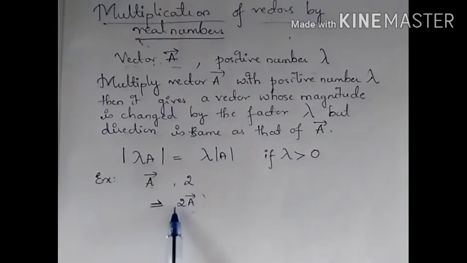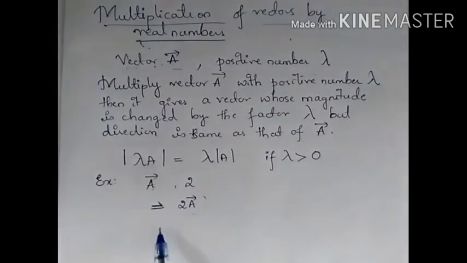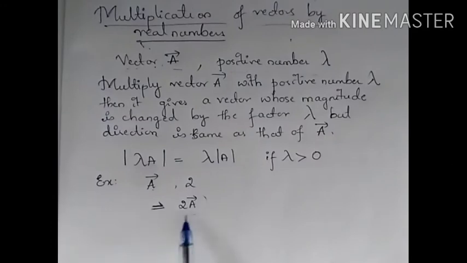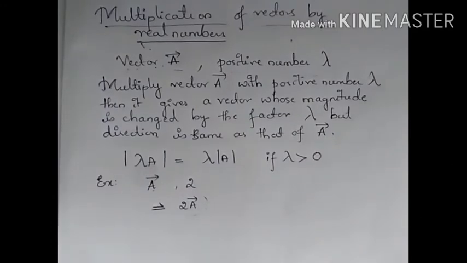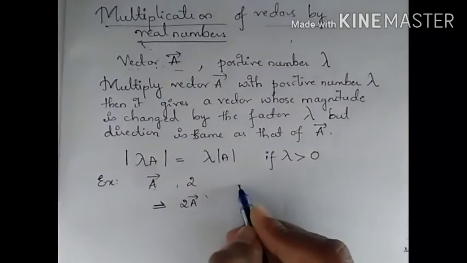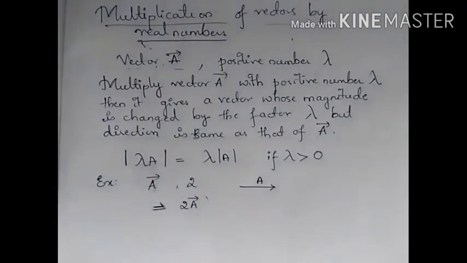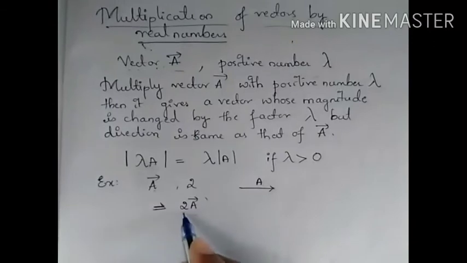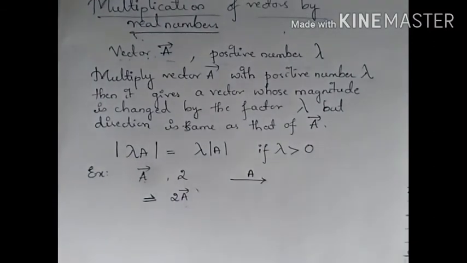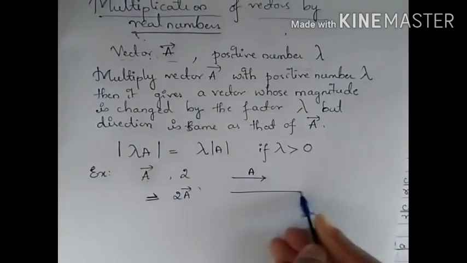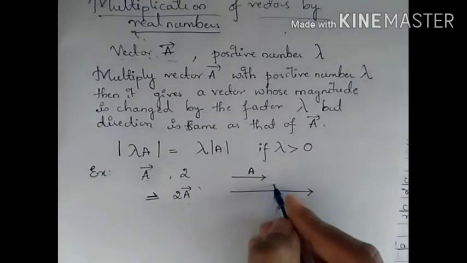So this vector will have the same direction as A, but the magnitude is twice the vector A. So let us draw the diagram. Let's suppose this is a vector A. Now the multiplication of 2 to vector A will give you a vector 2A.